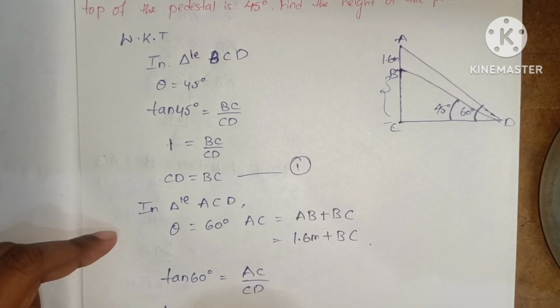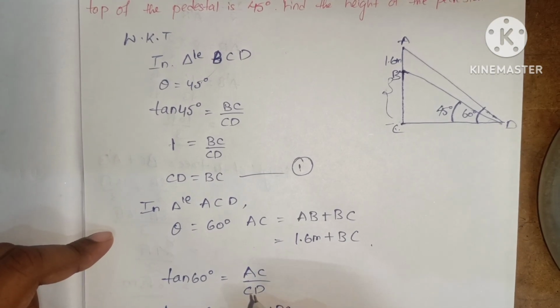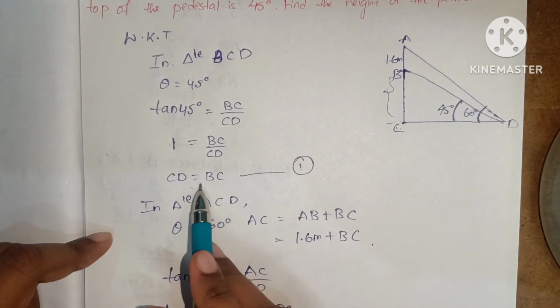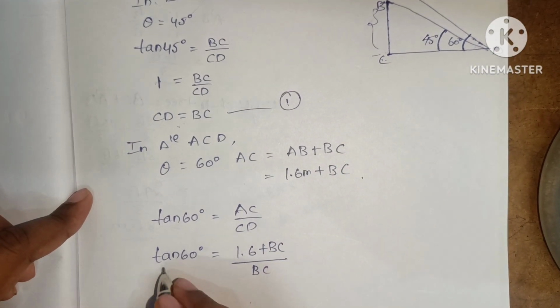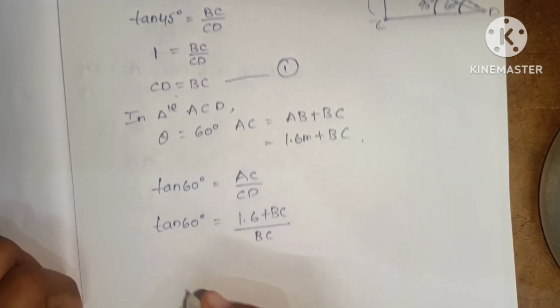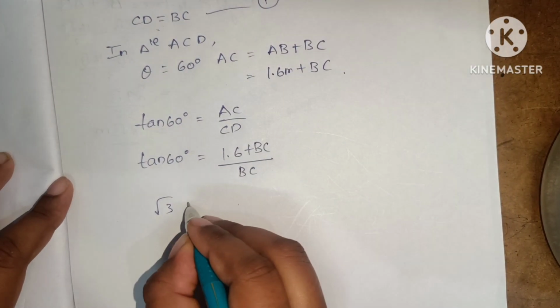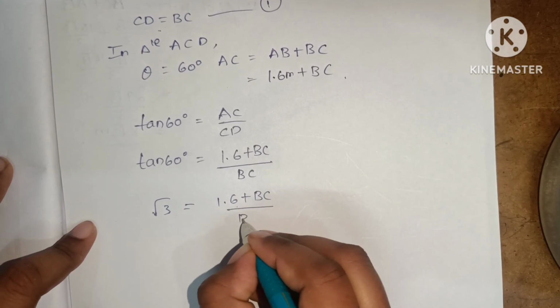So tan 60 degree equal to (1.6 plus BC) by CD, and CD from equation 1 is BC. Tan 60 value is root 3. So root 3 equal to (1.6 plus BC) by BC.